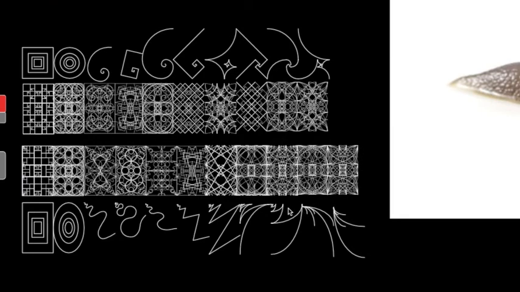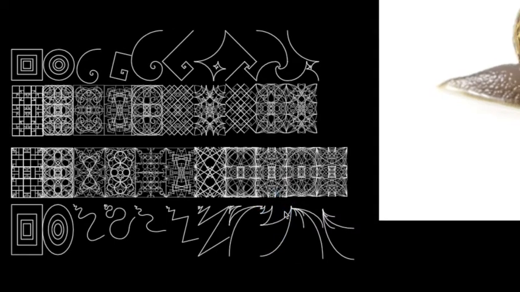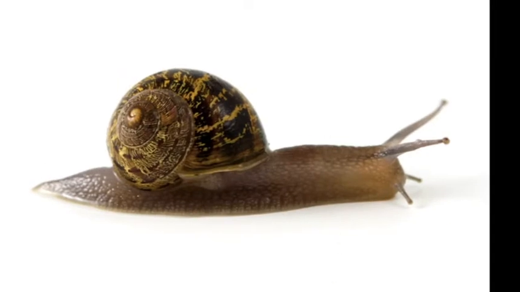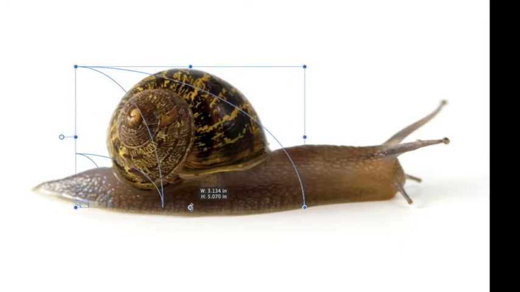For example, if we try this pattern, which is like the phi spiral, except it's bisecting, instead of squares, it's bisecting rectangles.